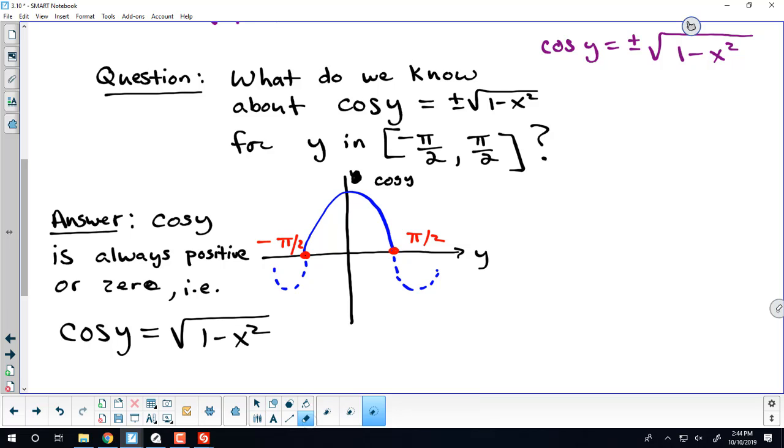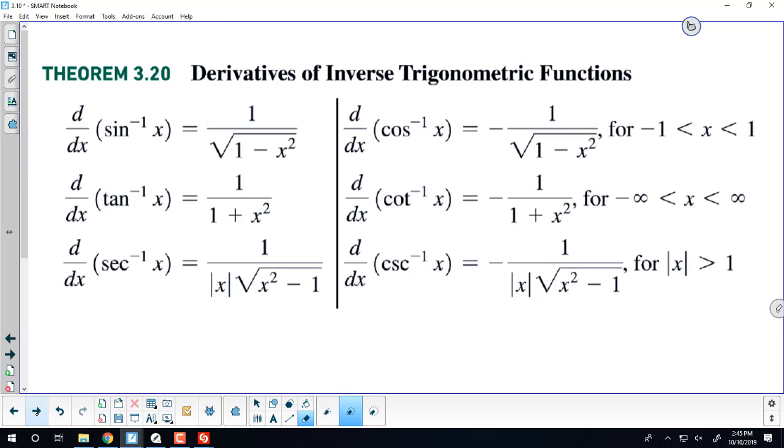So I'm just going to erase this because it doesn't really make a whole lot of sense at this point. Okay, so that's how we would get all of these.